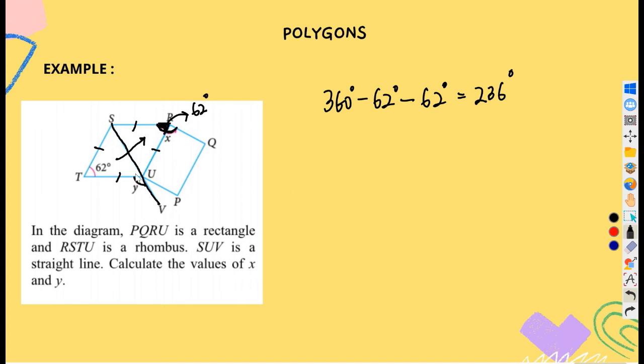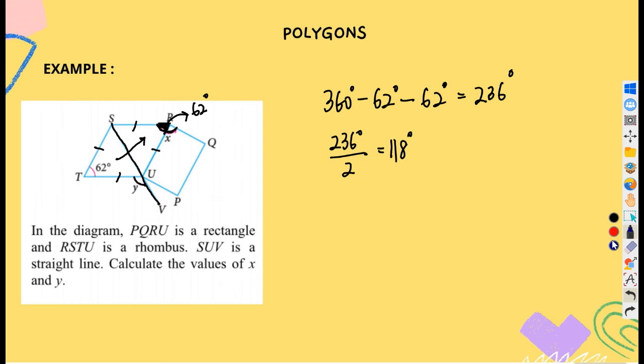Because we know that these two angles must be equal, 236 degrees is divided by 2. So you will get 118. So this one is 118.